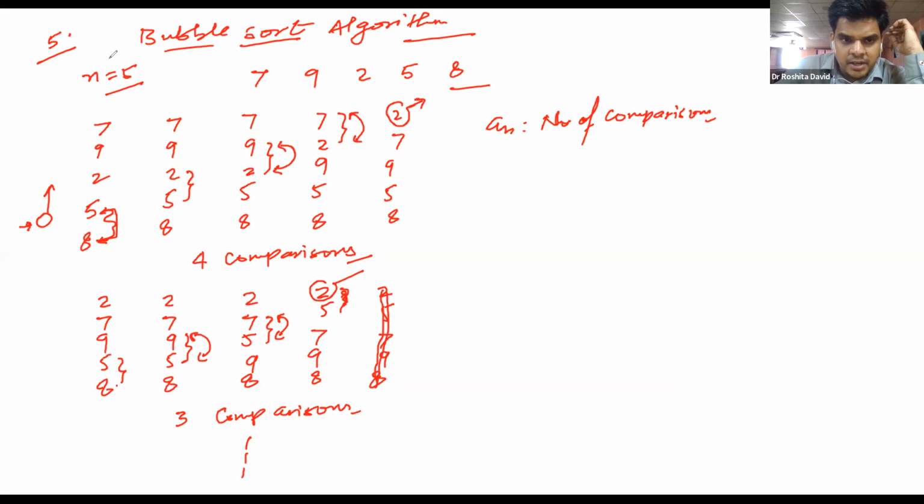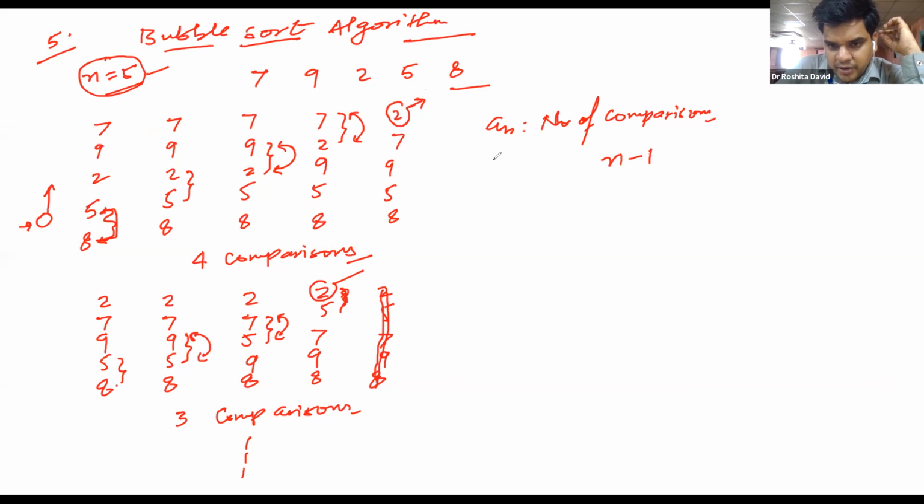I was taking 5 elements, and initially 4 comparisons were required to take this smallest one up to the top. Okay, so n minus 1 comparisons will be required for this smallest one to bubble up.